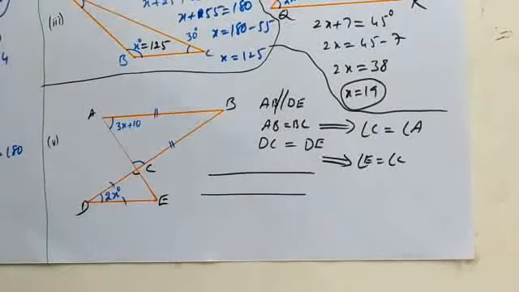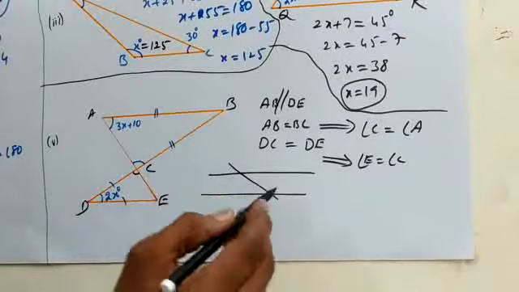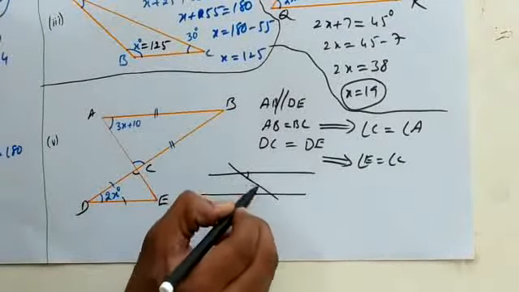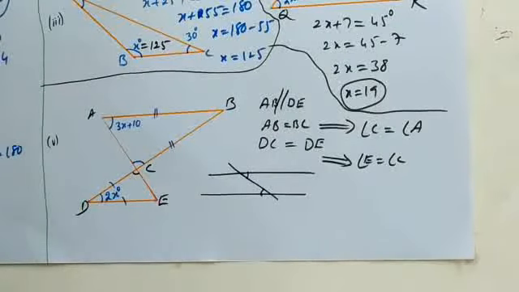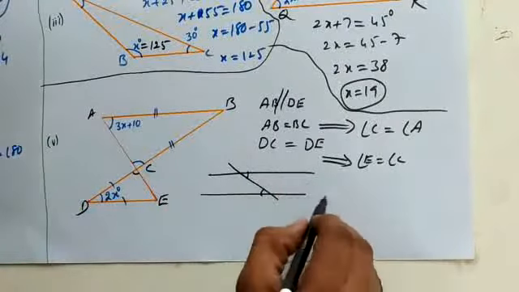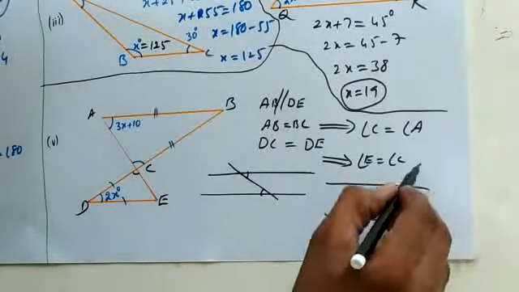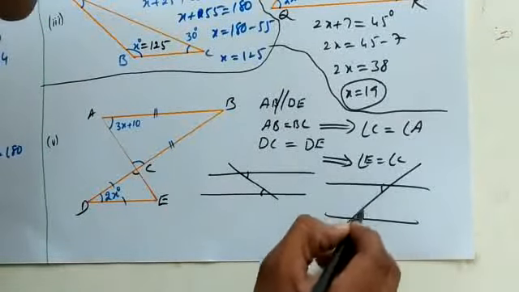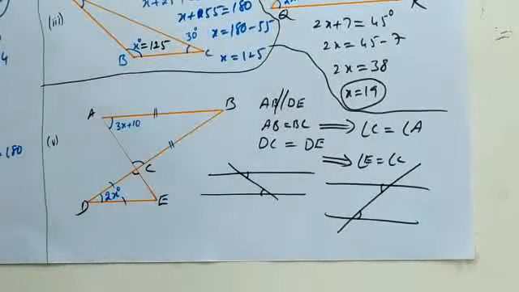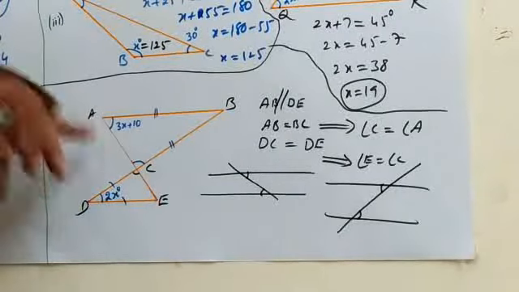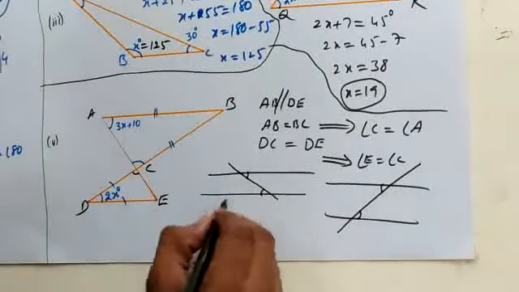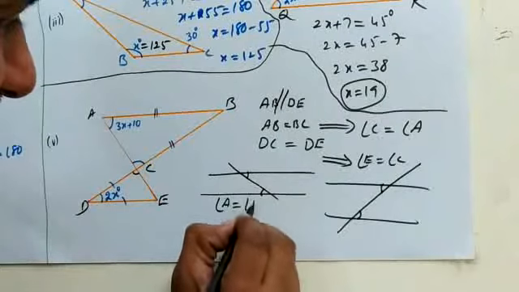Angle A is equal to angle E. This angle is equal to this angle, because the two lines are parallel. Angle A is equal to angle E.